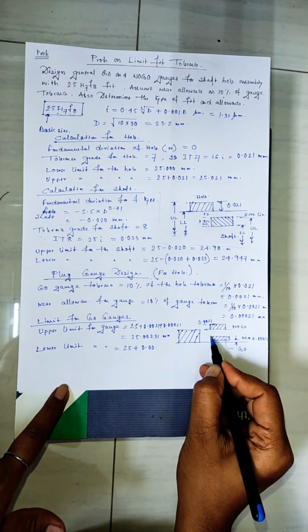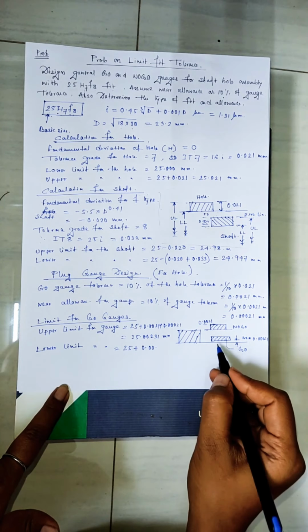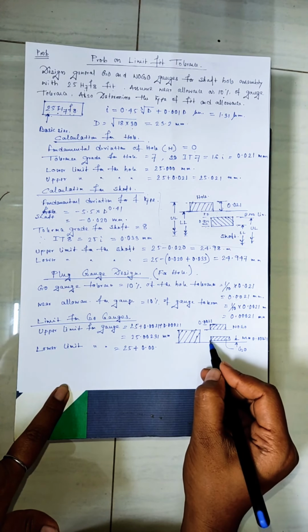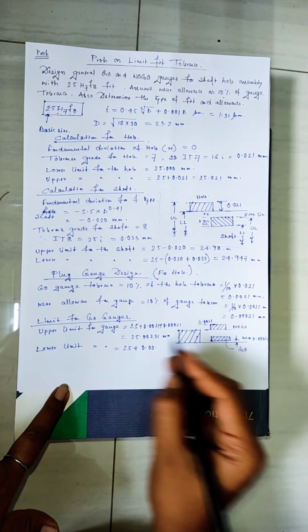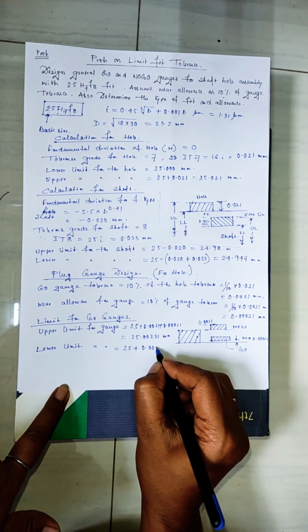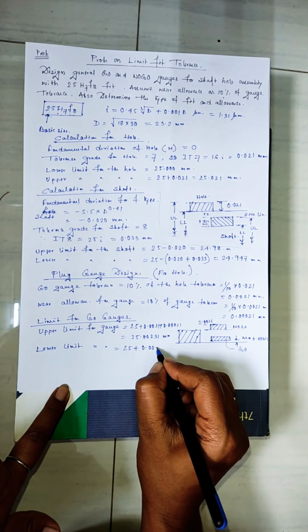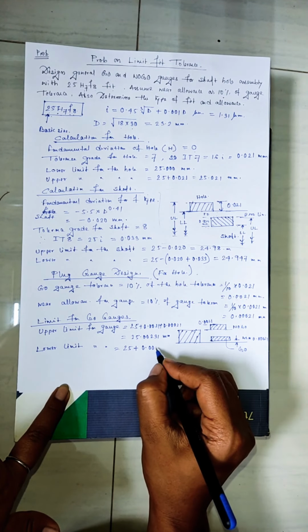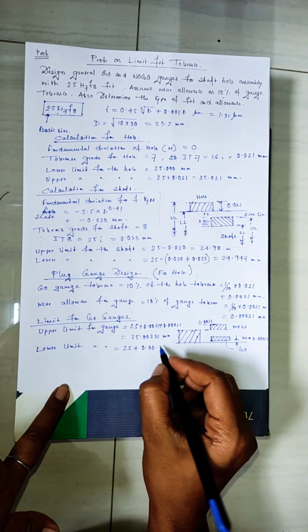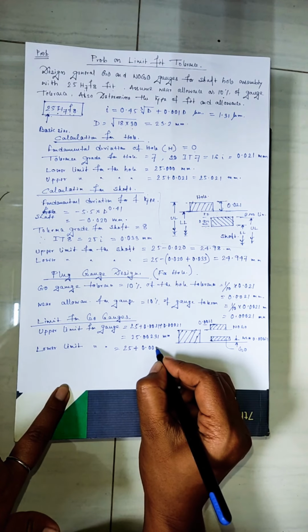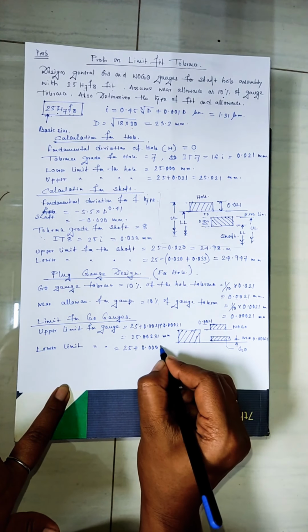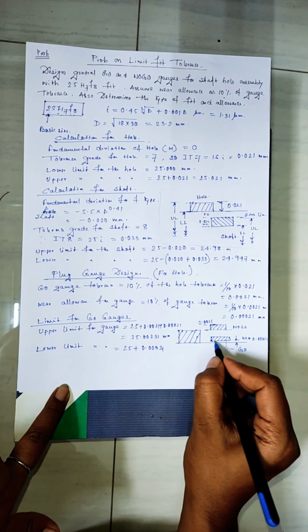So the lower limit is this portion: 25 plus the wear allowance 0.00021.